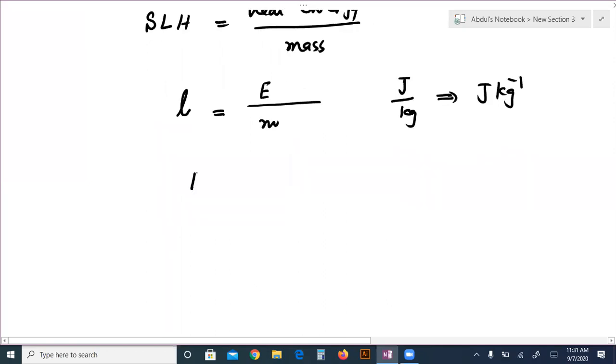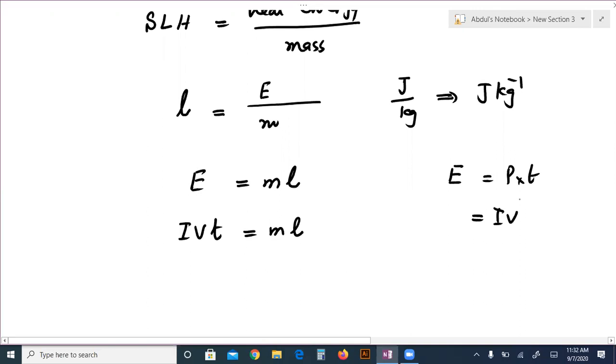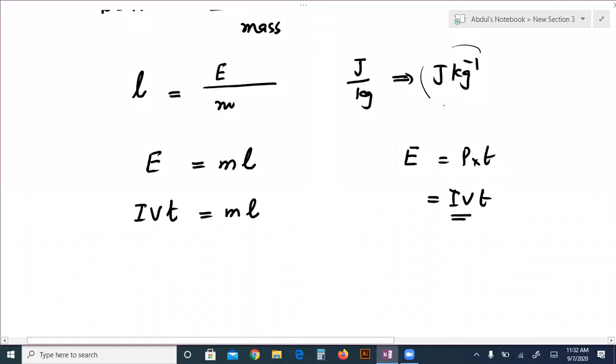And it can be written as energy is equal to mL, and energy is current into voltage into time is equal to mL, because energy is equal to power multiplied by time, and the power is current into voltage, and it is measured in joules per kg.